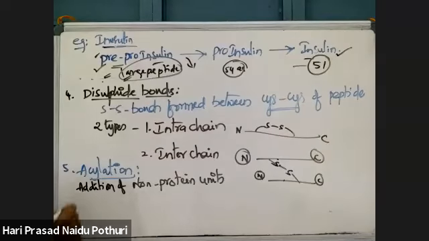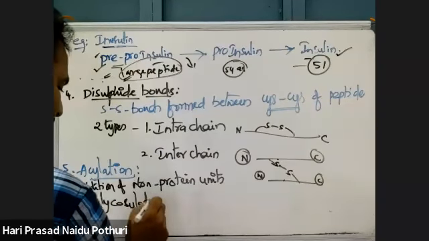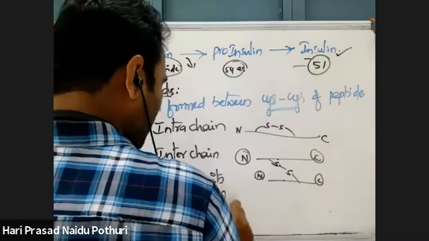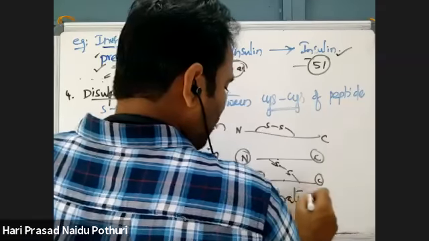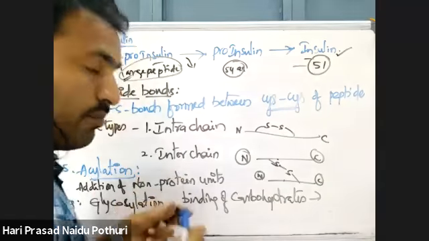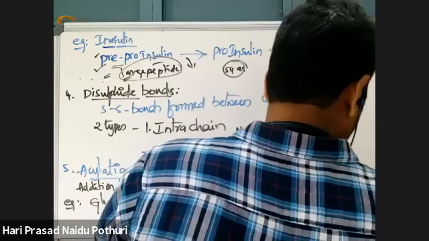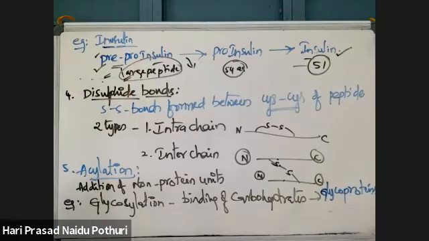This acylation may be like glycosylation, binding of carbohydrates. If carbohydrates are bound with this protein, then there is a formation of glycoprotein. Majority of enzymes are glycoprotein in nature. Glycoproteins are formed.